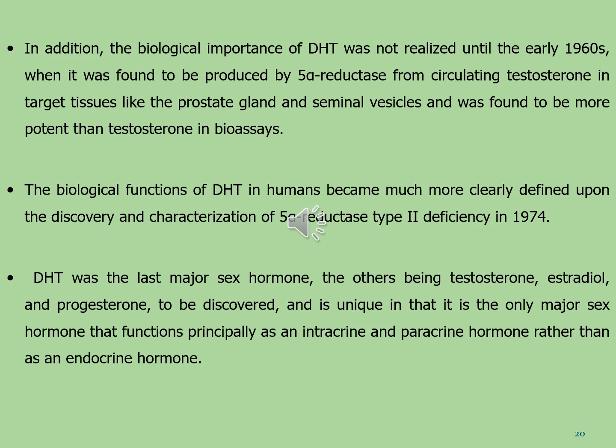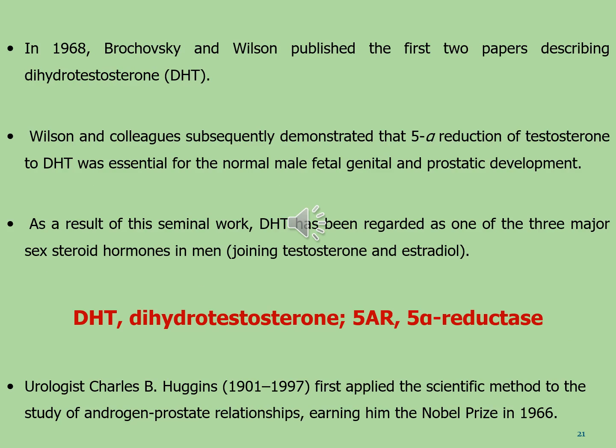DHT was the last major sex hormone, the others being testosterone, estradiol, and progesterone, to be discovered, and is unique in that it is the only major sex hormone that functions principally as an intracrine and paracrine hormone rather than as an endocrine hormone. In 1968, Brock, Hoske, and Wilson published the first two papers describing dihydrotestosterone.